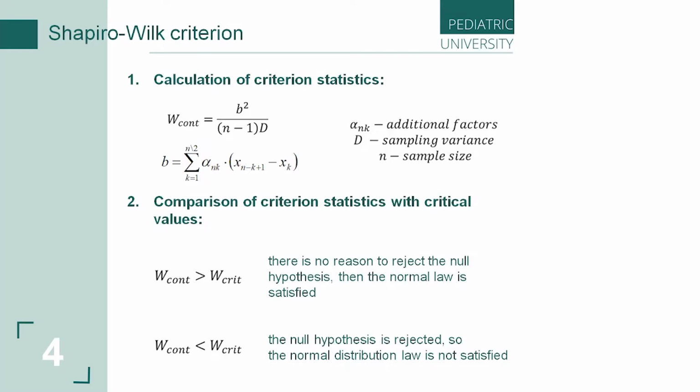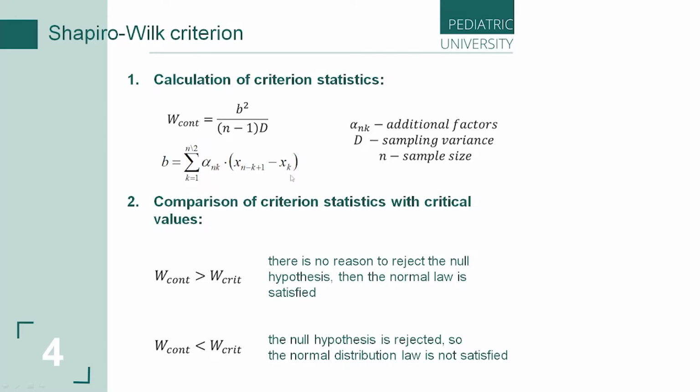First, we order our sample. Then look, we have x n minus k plus 1 minus xk. For example, if k is 1, then n minus 1 plus 1 is n, so it will be xn minus x1.